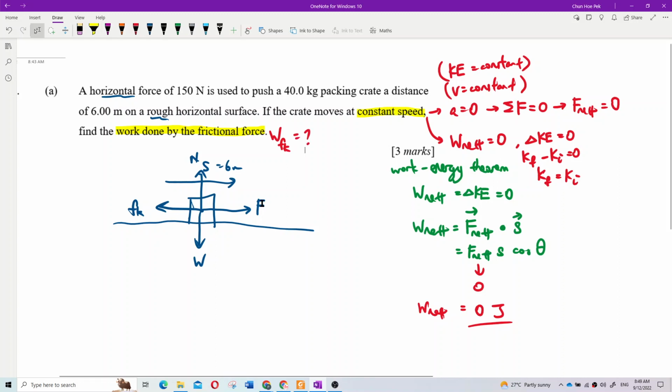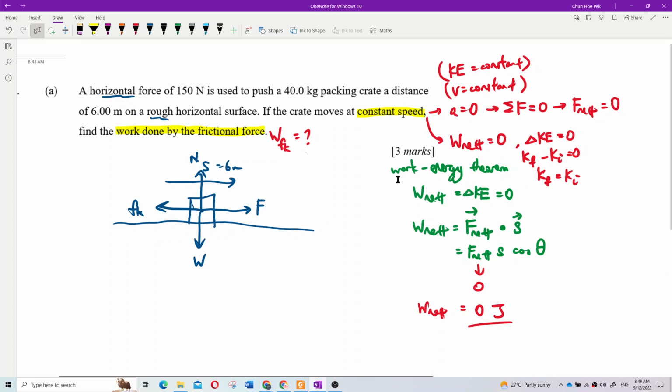Actually, there are many ways to do this question. There are actually two ways. You can go back to chapter 3 using the net force equal to 0, find the frictional force first, and then find the work done by friction.